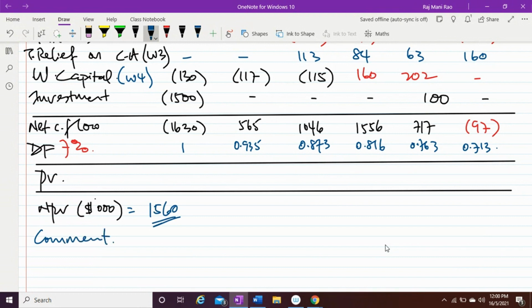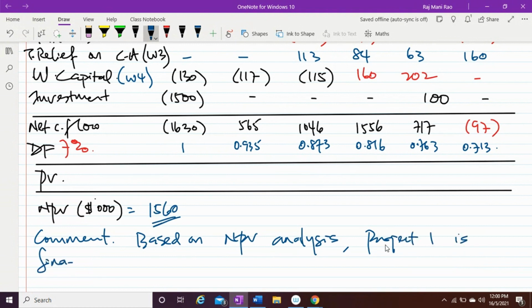Comment here will be what? So based on NPV analysis or evaluation, project 1 is financially beneficial.